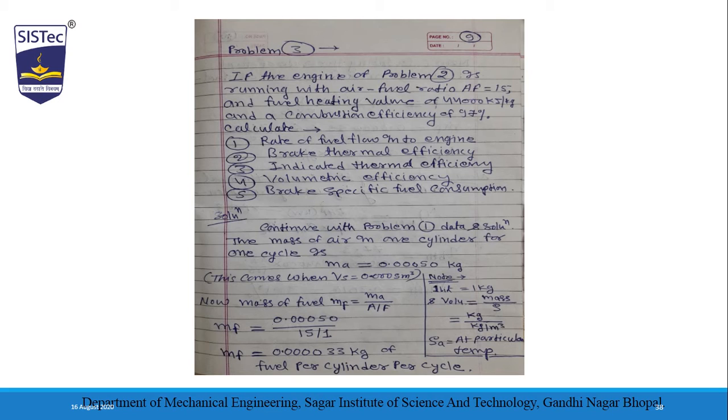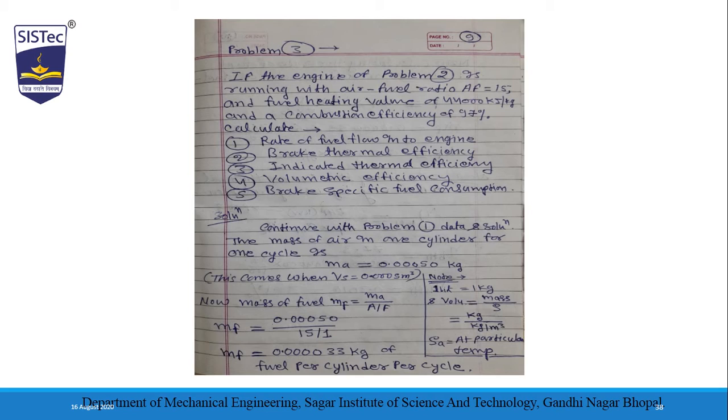By calculating this, we get the mass of fuel as 0.000033 kg of fuel per cylinder per cycle.